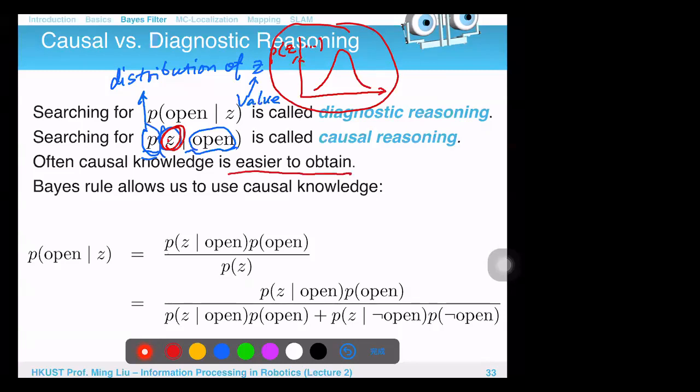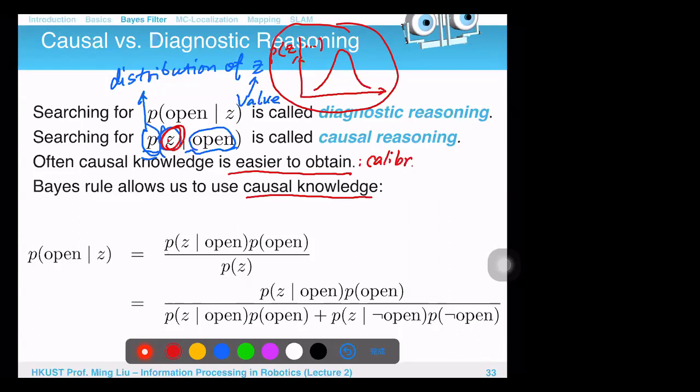We mentioned that this can be obtained from what? From calibration for the robotic problem, or you can get that by other experiments. And the Bayes rule allows you to use this causal knowledge to solve a diagnostic problem.